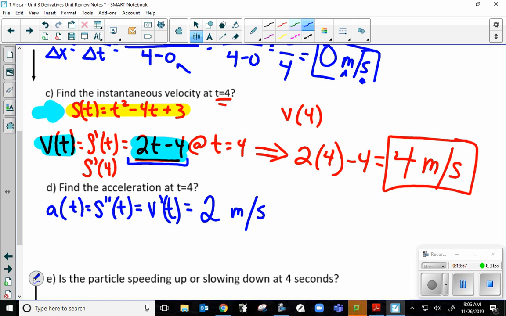Velocity is the first derivative, so this exponent on the distance is 1. I just don't write it. Since acceleration is the second derivative, it's meters squared per second. Second derivative, meters squared. If the derivative is 2, the label should be 2.